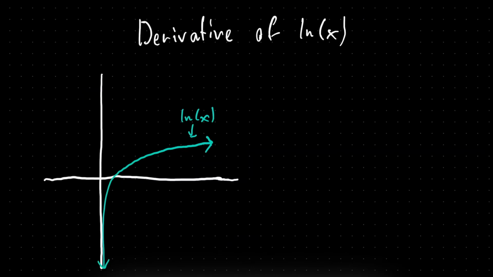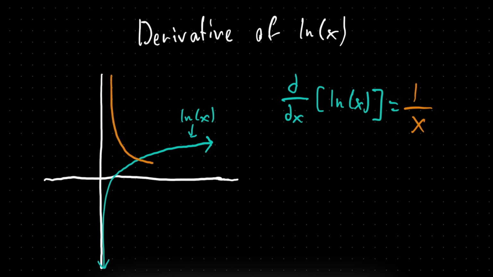Likewise, the derivative of the natural log of x is also quite interesting. Being the inverse of e to the x, the derivative of the natural log of x is equal to 1 over x, which corresponds to a graph something like that. Not drawn to scale, of course, it's just for visual representation.